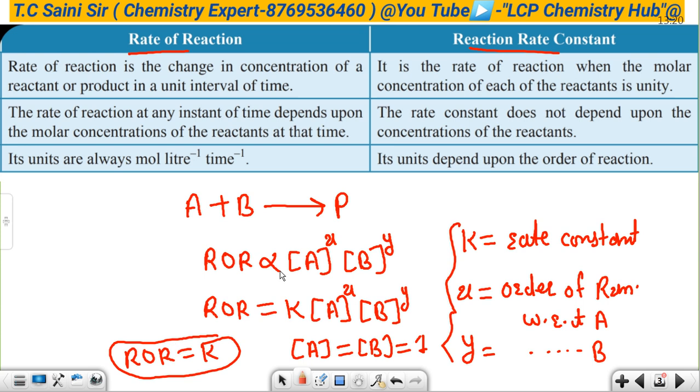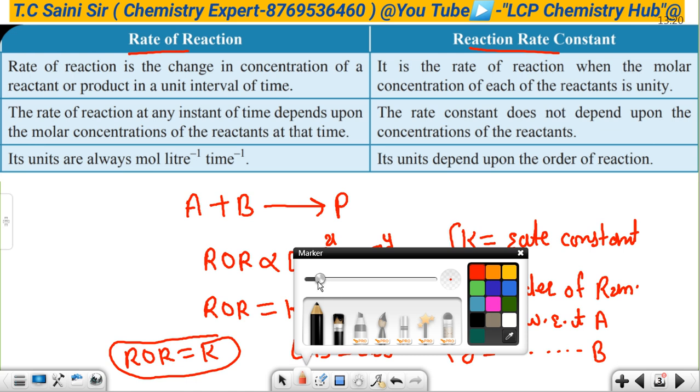What is the first difference between rate of reaction and reaction rate constant?